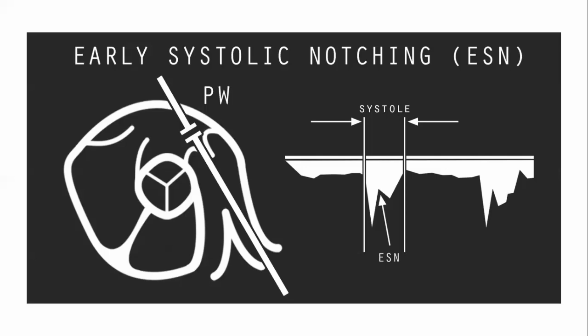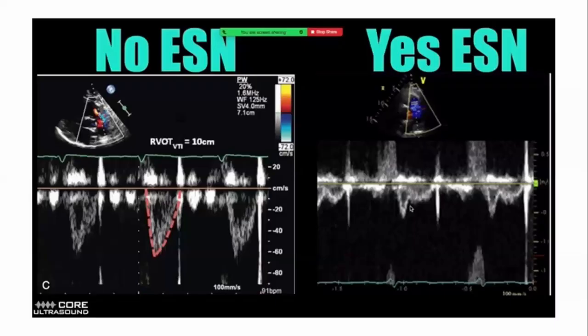So it's a binary question: is it present or not? If it's present, it's highly sensitive and specific for submassive or massive PE. But this was based on a once-off study, so we need more data to really appreciate this. You can see no early systolic notching on the left, and on the right you can see the early systolic notching.